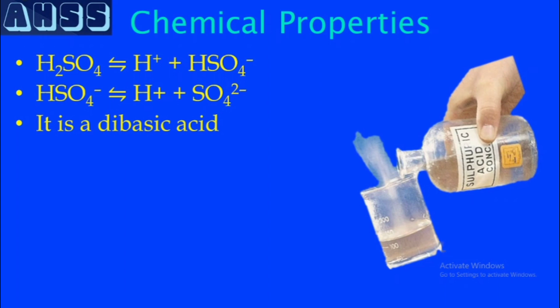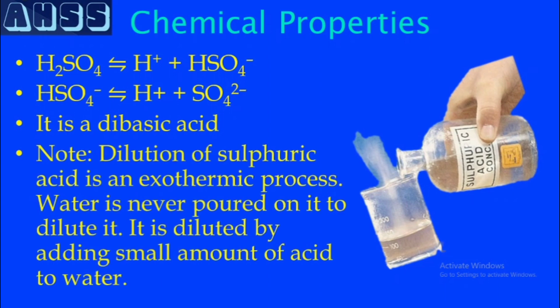When we study the chemical properties, we must study them depending on whether it is dilute acid or concentrated acid. When we try to dilute concentrated sulfuric acid, you must keep in mind that water is never poured on acid to dilute it.